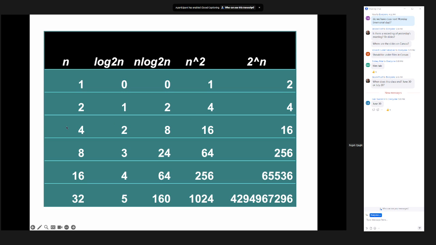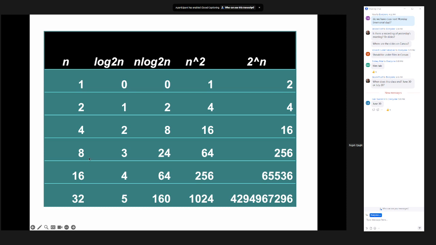I increase this. I say, okay, the number of inputs is going to be 4. The first algorithm takes 2 seconds. The second algorithm takes 8 seconds. The third one 16, and the fourth one is 16. It still is not bad, because 16 seconds is not bad.